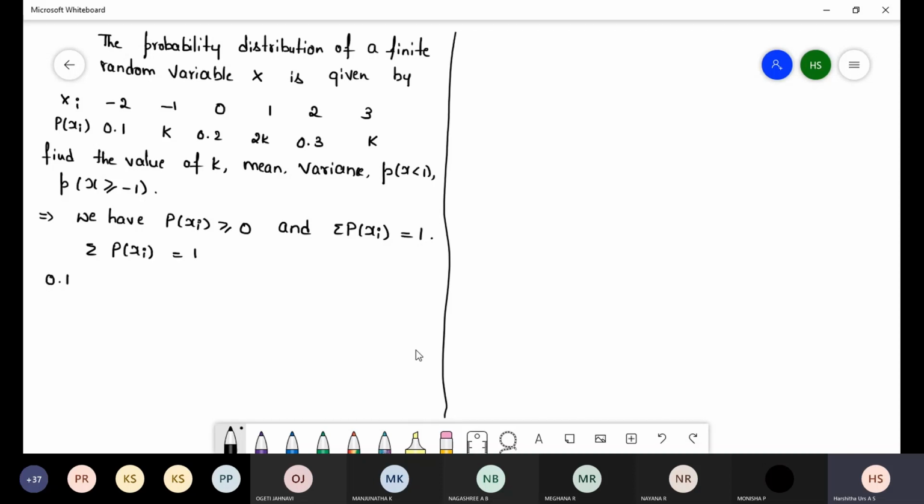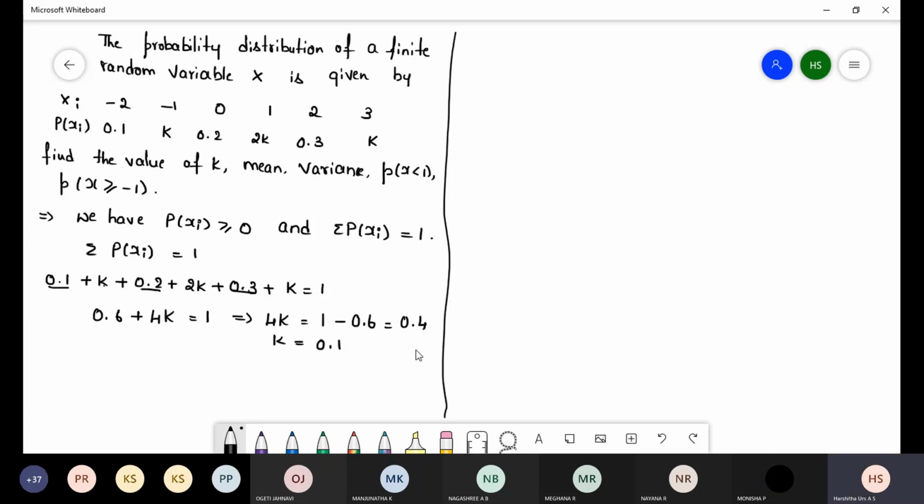So add 0.1 plus k plus 0.2 plus 2k plus 0.3 plus k is equal to 1. 0.3 plus 0.2 plus 0.1 is 0.6, plus k plus 2k plus k, that is 4k, is equal to 1. So 4k is equal to 1 minus 0.6, which gives 0.4. So k is equal to 0.1.